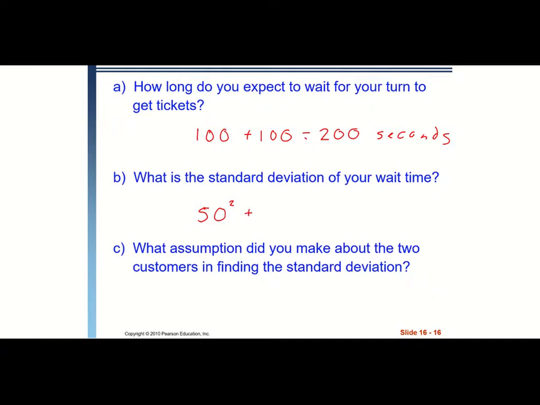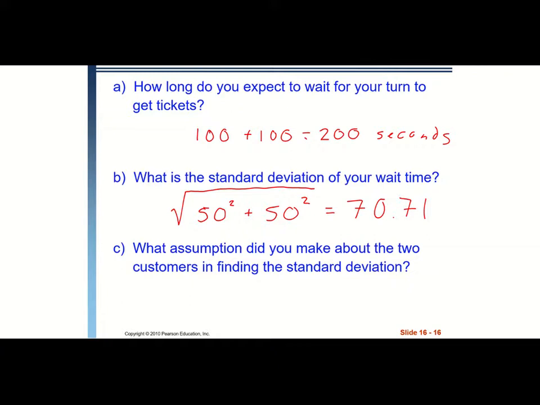Each standard deviation squared gives us their variances. We add them together, and then we square root that sum. That's going to give us a standard deviation of 70.71. So our expected wait time is 200 seconds with a standard deviation of 70.71 seconds.